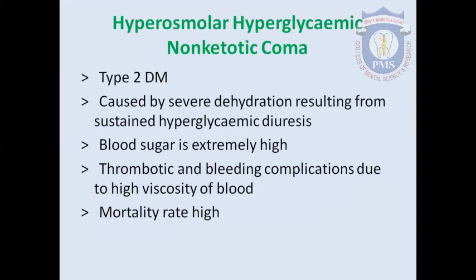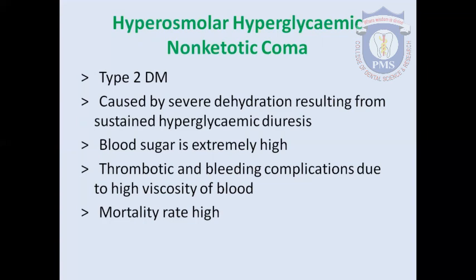Hyperosmolar hyperglycemic non-ketotic coma, more common in type 2 diabetes mellitus. It's caused by severe dehydration resulting from sustained hyperglycemic diuresis. The blood sugar will be extremely high. Thrombotic and bleeding complications due to high viscosity of blood may result.